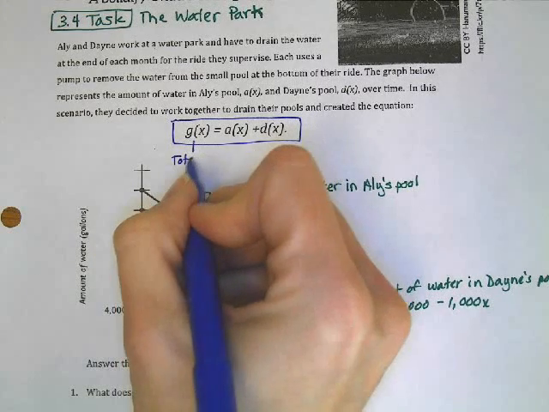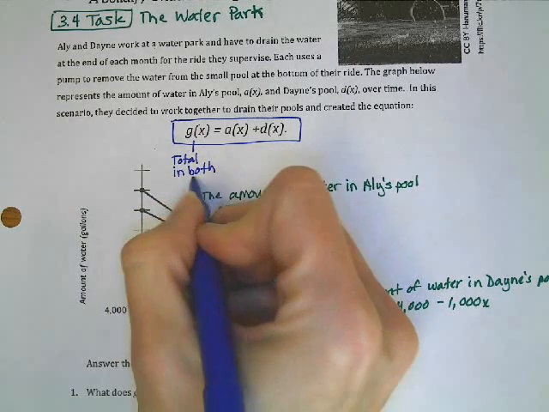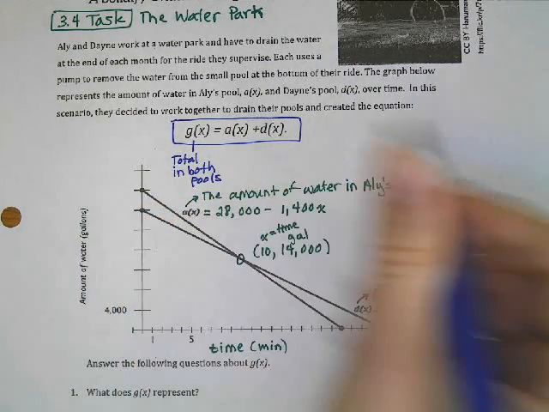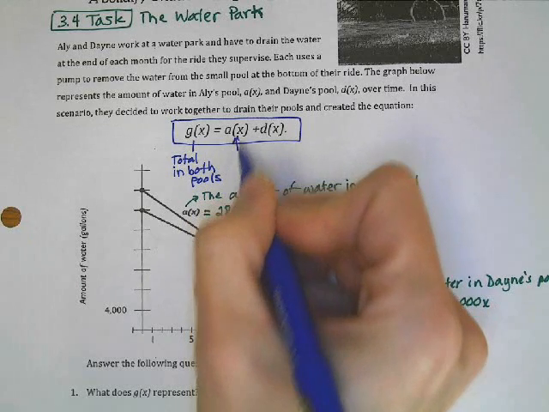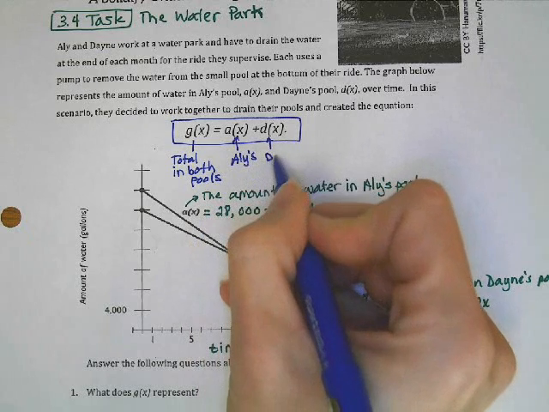So it is a combination of Allie's and a combination of Dane's. And what we're doing is we're adding the total water in each pool.